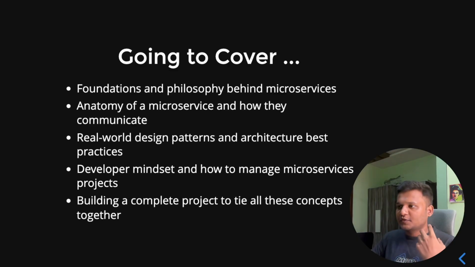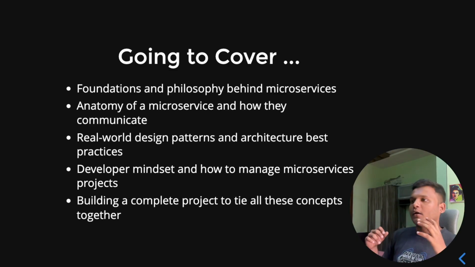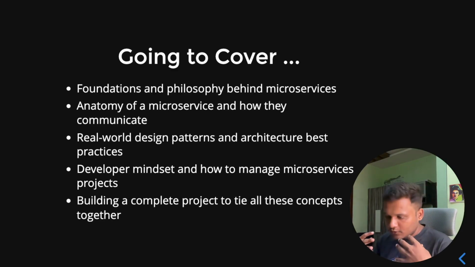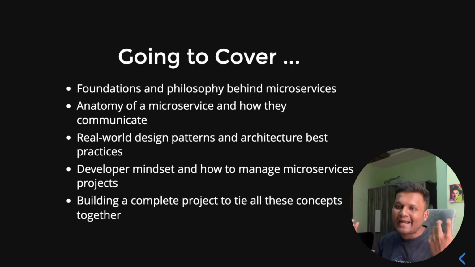Then the anatomy of microservices and how they communicate, how all these services communicate with each other using Eureka service discovery, API gateway, config servers, and all the communication styles that we are going to discuss.